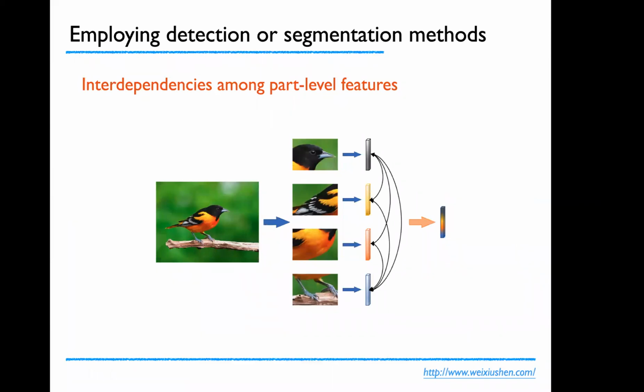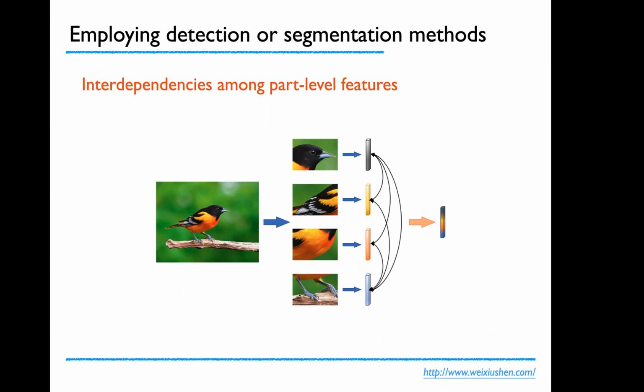Also, it is worth noting that the majority of previous work overlooks the internal semantic correlations among discriminative part level features. In more detail, the aforementioned methods pick out the discriminative regions independently, and they utilize these features in a direct way.